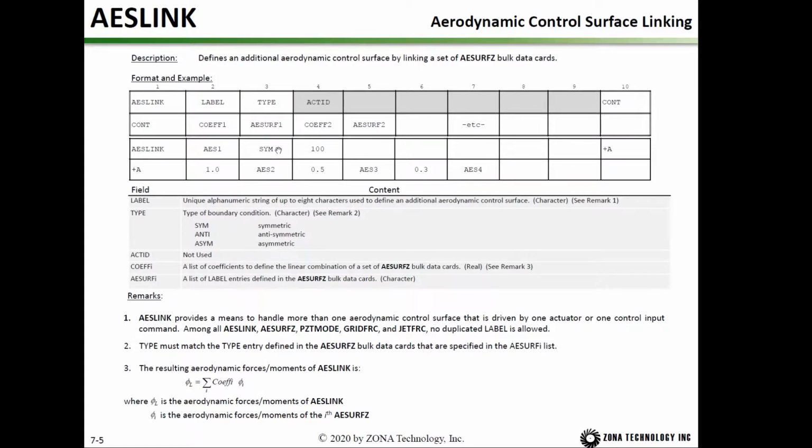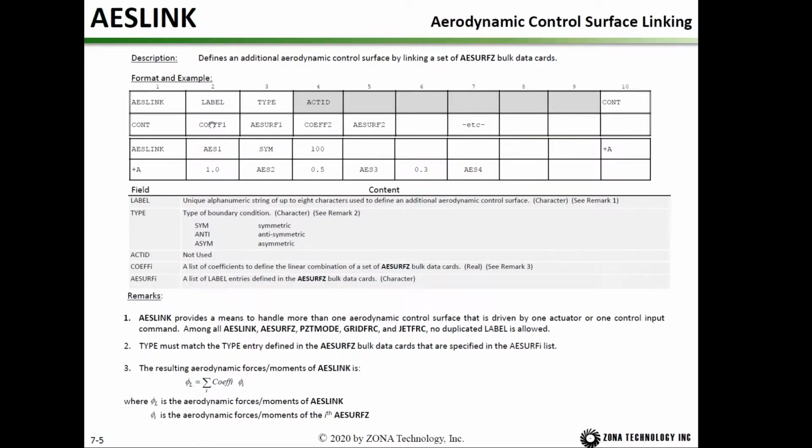With AESLINK, you can link several control surfaces together to create a new control surface. You give it a name, then specify type equal to SYM, ANTI, or ASYM, and ACID is not used.